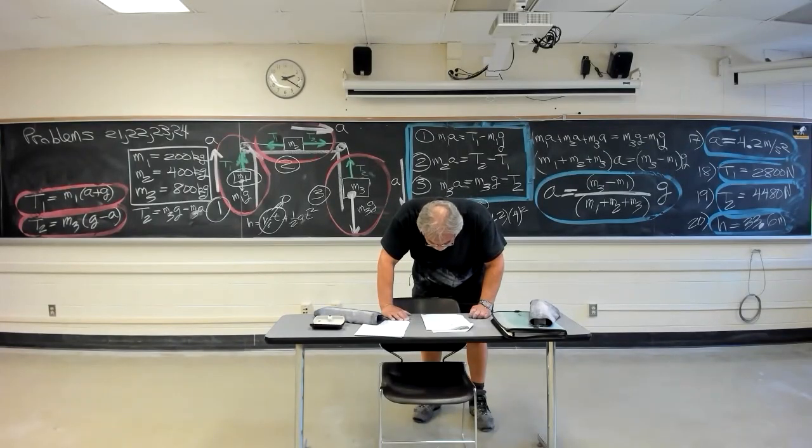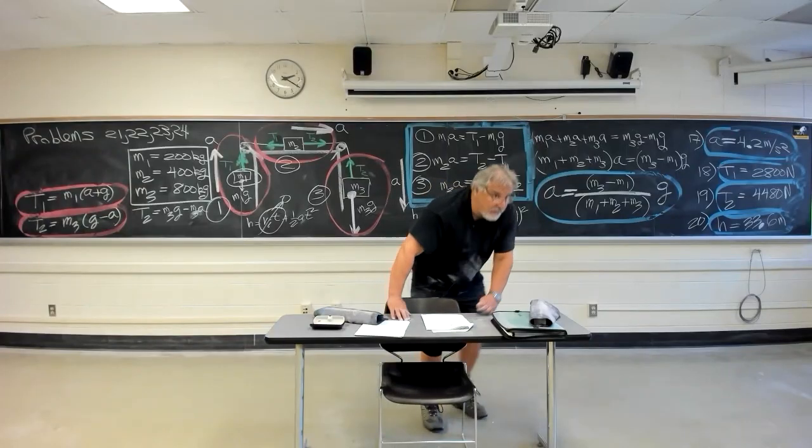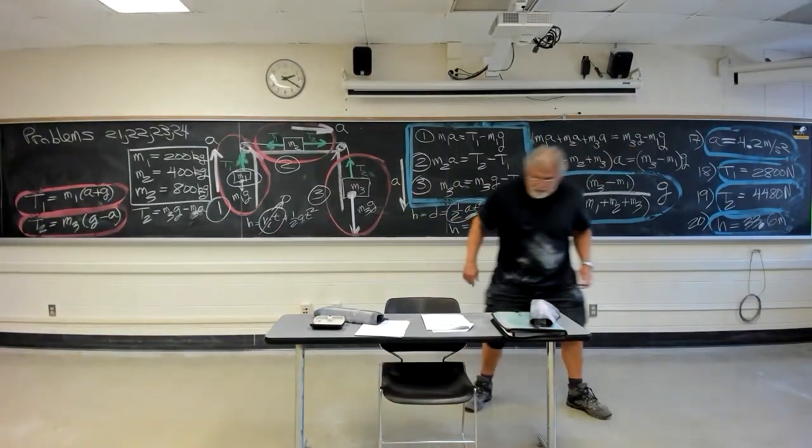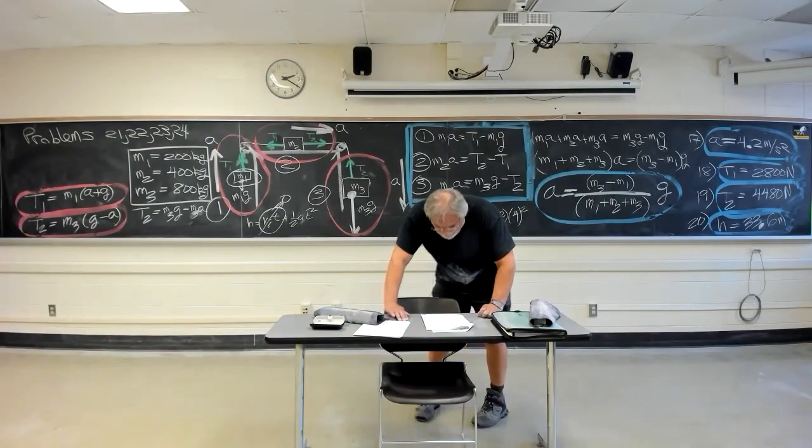For 17, 18, 19, and 20, there was no friction on surface. Now for 21, 22, 23, 24, there is friction on surface, with coefficient of kinetic friction equal to 0.2, and we are on Earth with g equals 9.8 meters per second squared.